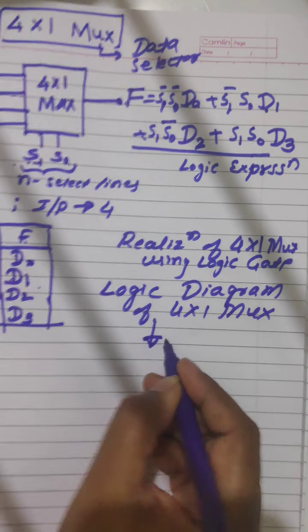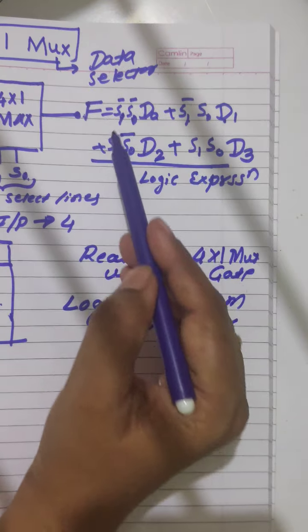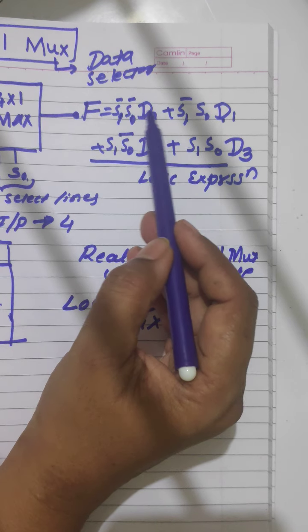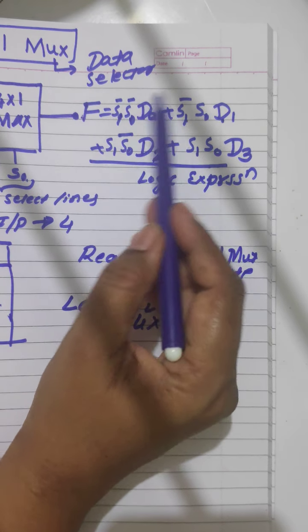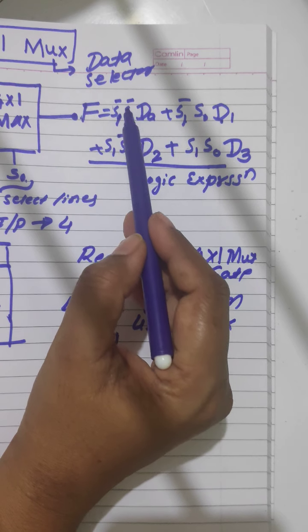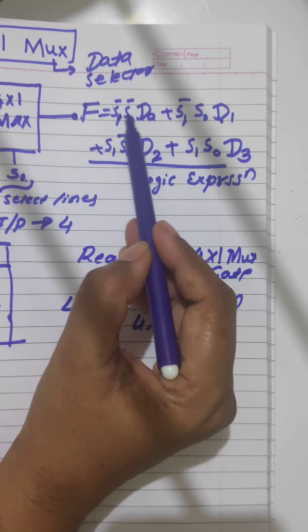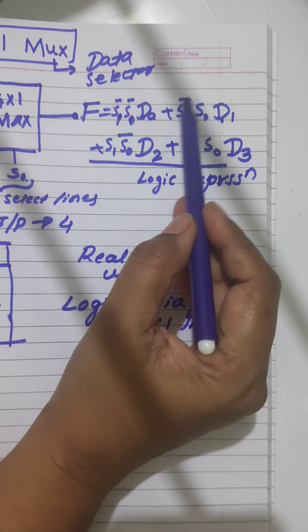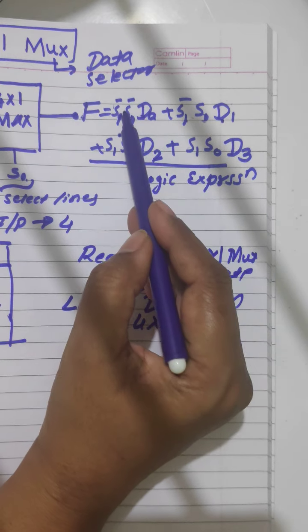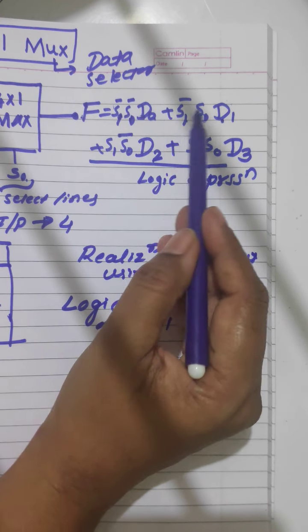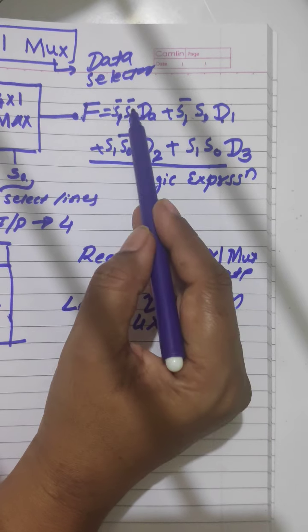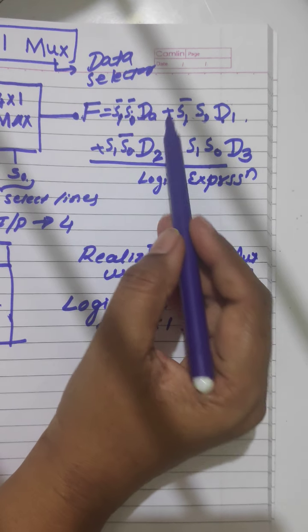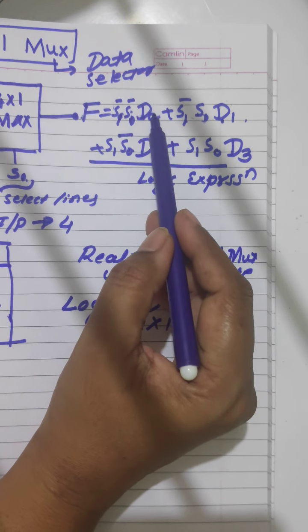So the diagram appears like this. For that we'll have to refer to this equation. The equation consists of a first term which is a product of these three variables. The second term is also a product. So in total we are going to have 4 terms. Each of the terms is a product. Product means multiplication.